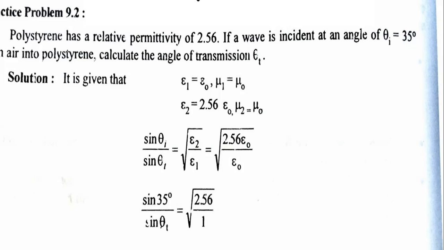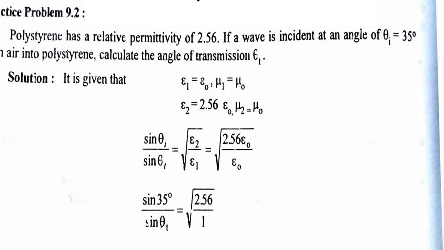Now, how can we calculate the angle of transmission? Sine theta I divided by sine theta t is equal to root of epsilon 2 divided by epsilon 1, which is root of 2.56 epsilon 0 divided by epsilon 0.